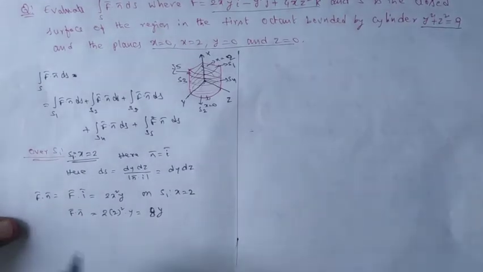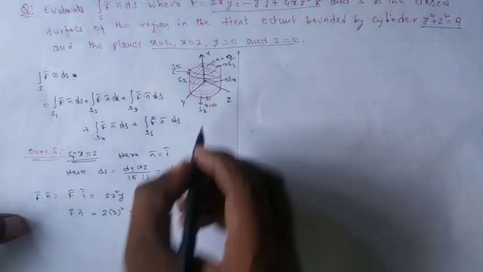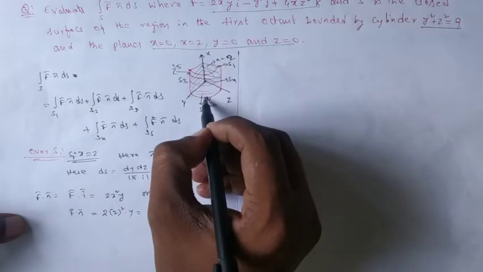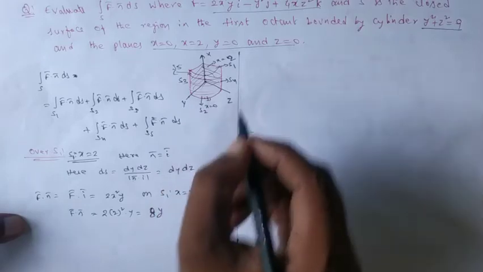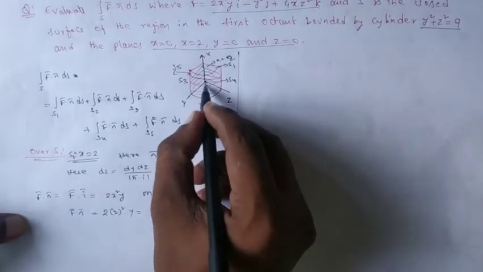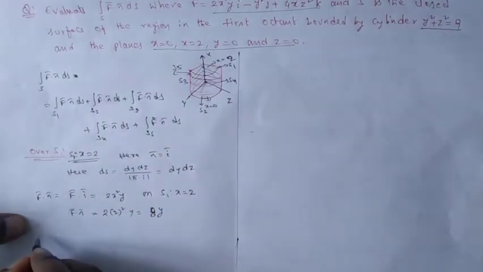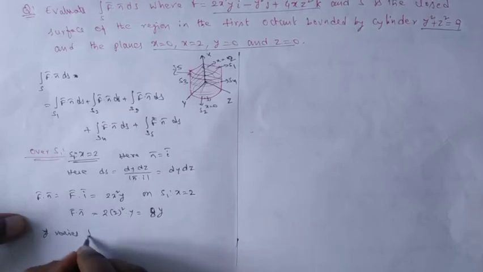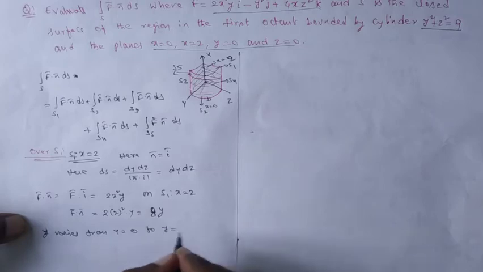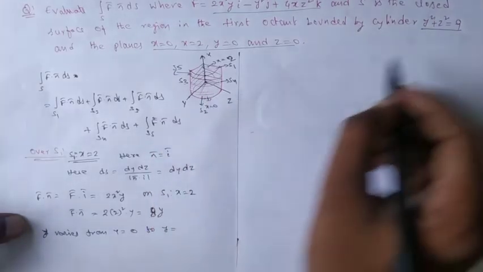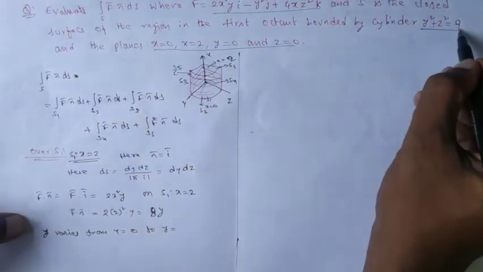So for this region, once you observe this, it is projected onto the surface. What happens? Y is varying in terms of z. See that it is the region now. Y varies from y equal to 0 to, see this surface, this equation is nothing but y square plus z square equal to 9.